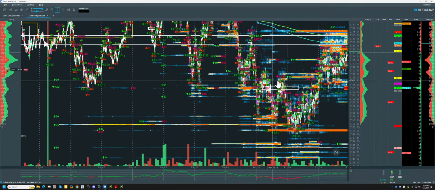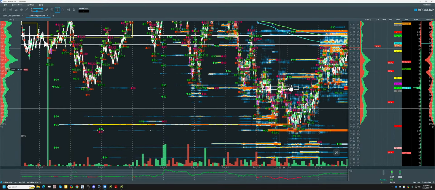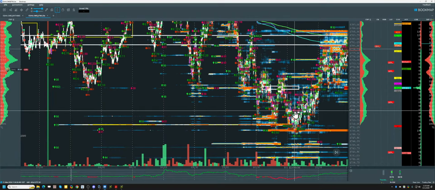If I know there's stops over here and over here, when I come back again, I know I have more risk because now I have, well, how does this work? I've got sellers in here, I've got sellers in there, and that means I got buyers here because the sellers become the buyers.